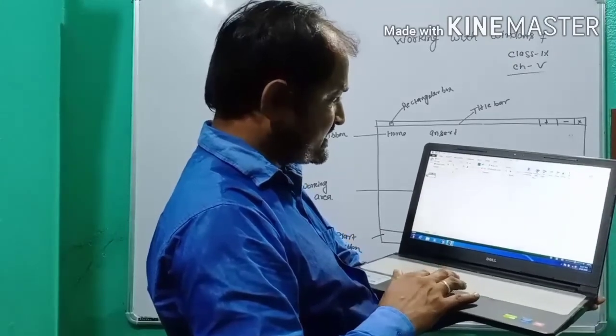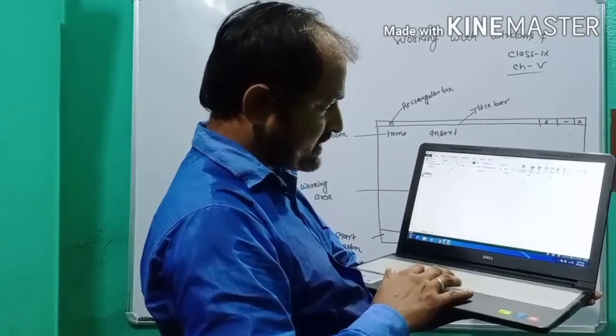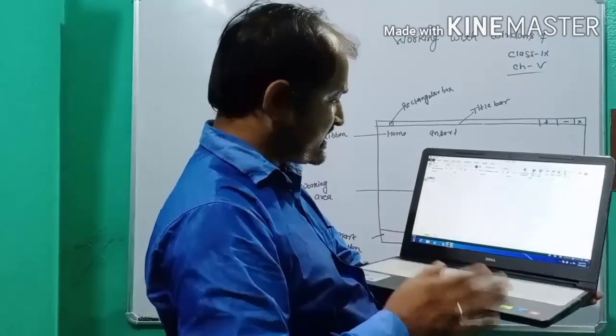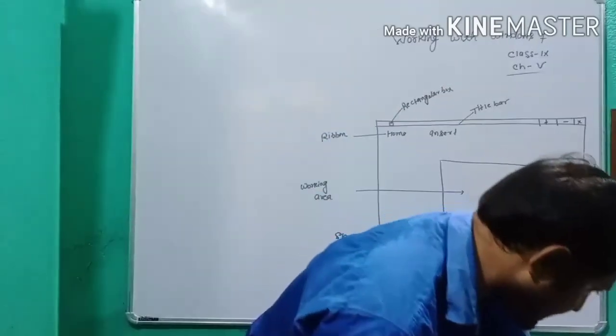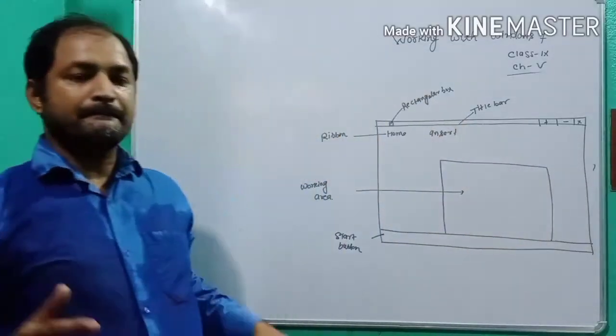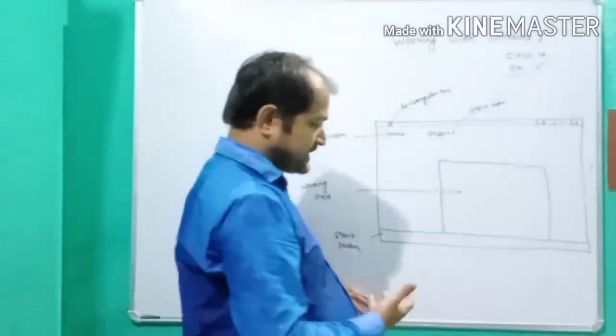This area is the scroll bar. A scroll bar appears when there is more matter to display on the window screen.